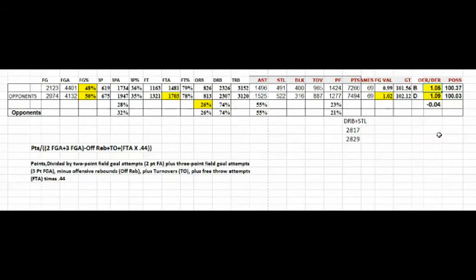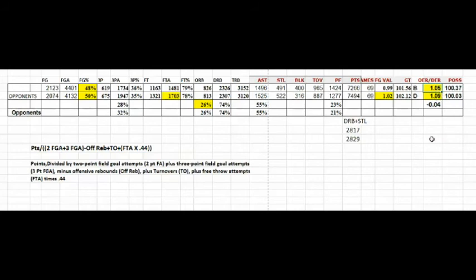This will point you. I can look at this and in 30 seconds tell you where we're going. This tells you what you need to know. They're not a real good defensive team. They're a pretty good offensive team. But they need to bring this down under that.